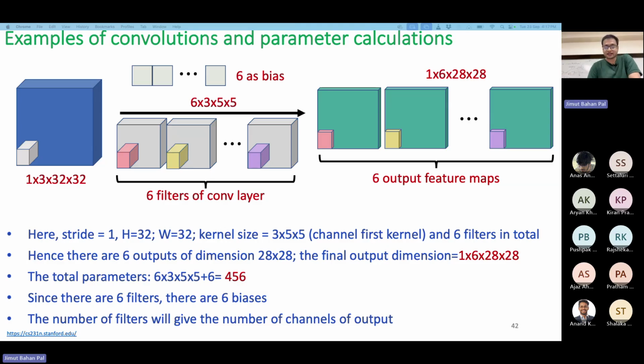We will see in the summary that the parameters for this convolution operation is 456. Similarly, if you want to see how the actual volume changes, we will see that 1 cross 3 cross 32 cross 32, when a conv2D is applied, becomes 1 cross 6 cross 28 cross 28, which is similar.